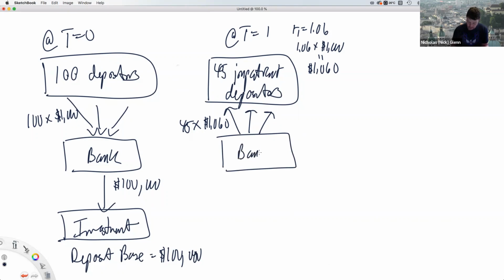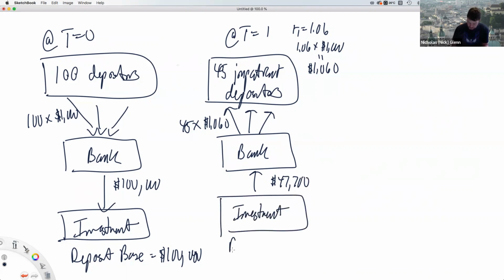So how much total does the bank need to pull out? 45 times 1,060. This will give you 47,700. So this is what the bank will pull from the investment. So what's the deposit base?